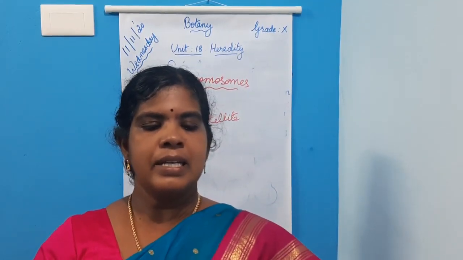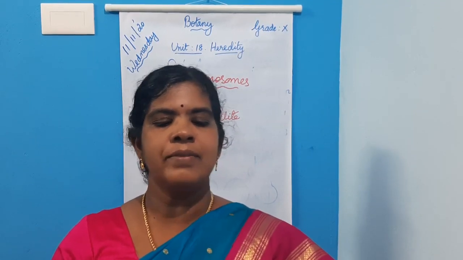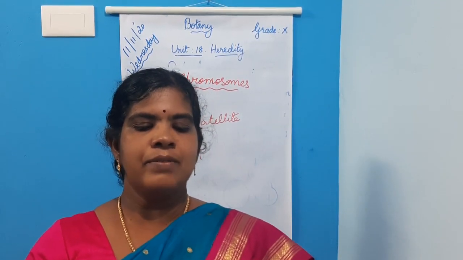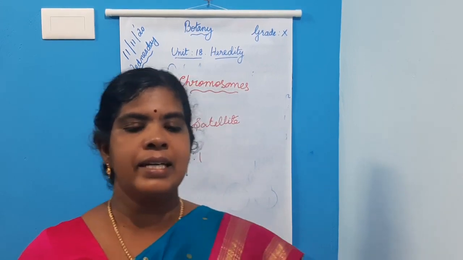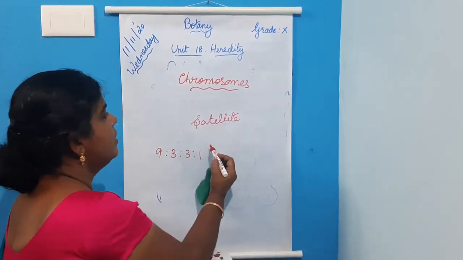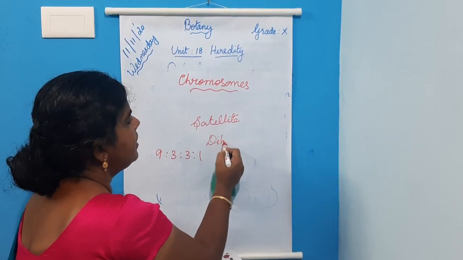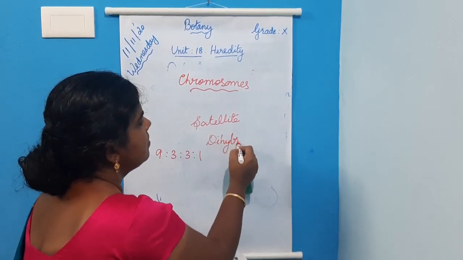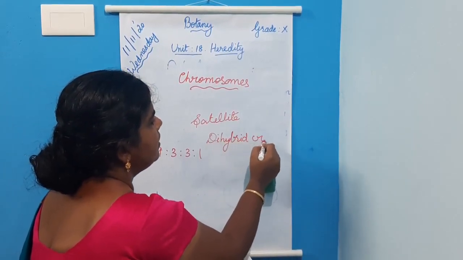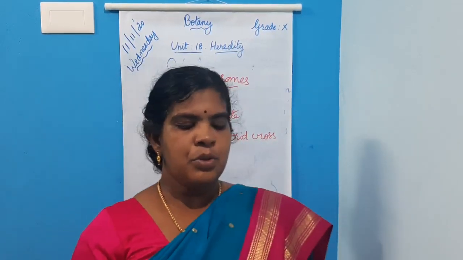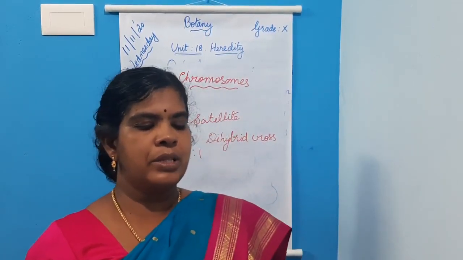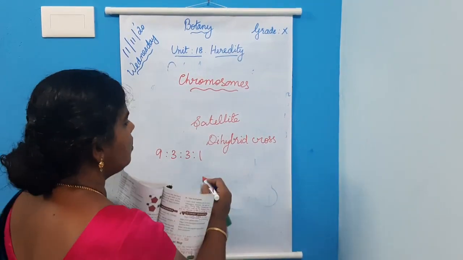Answer in a sentence. First question, what is the cross in which inheritance of two pairs of contrasting characters is studied? Dihybrid cross, right? Dihybrid cross. Then number 2, name the condition when both alleles are identical.